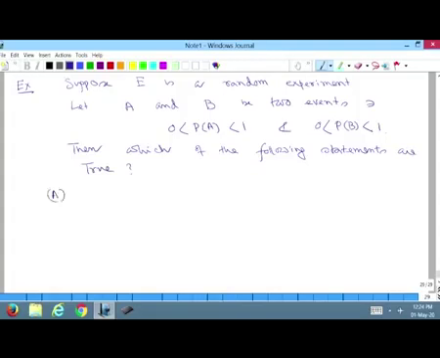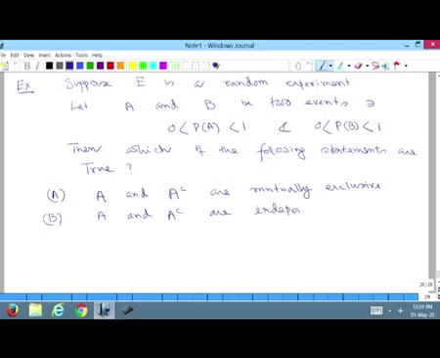A, A and A complement are mutually exclusive. B, A and A complement are independent.